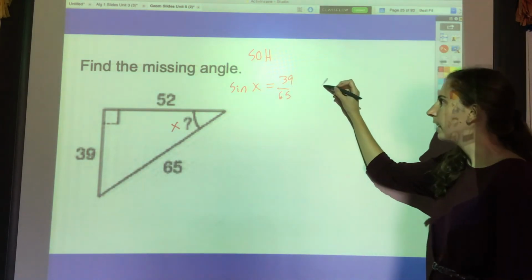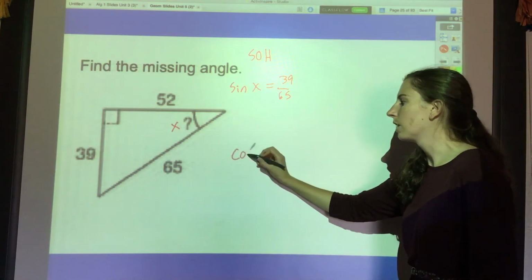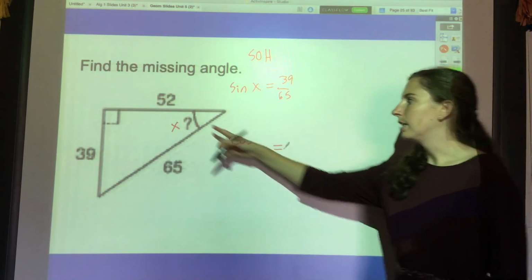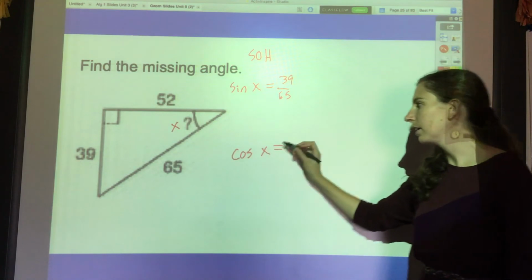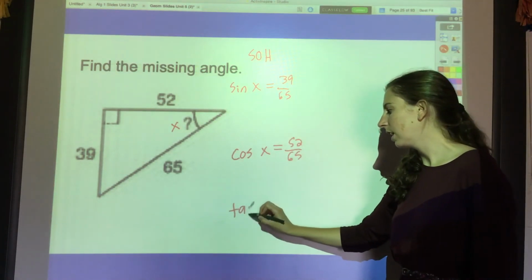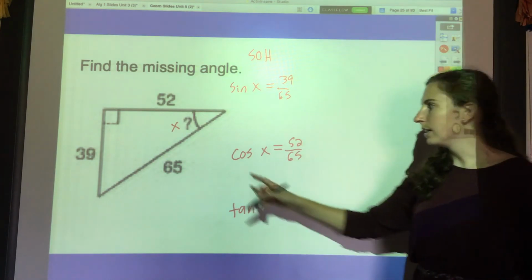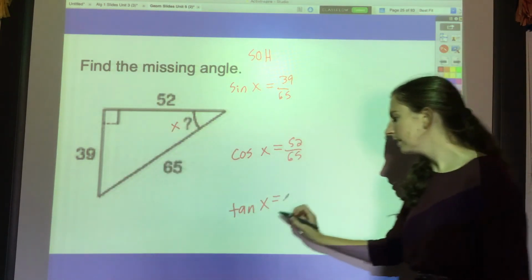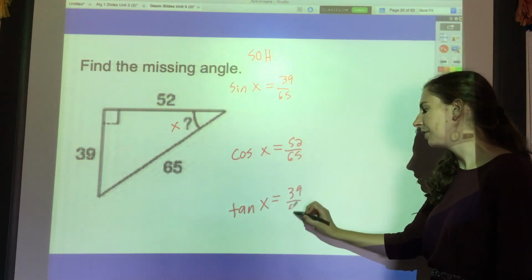I could say the cosine of angle x is the adjacent side over the hypotenuse. And the tangent of angle x is opposite over adjacent, so 39 over 52.